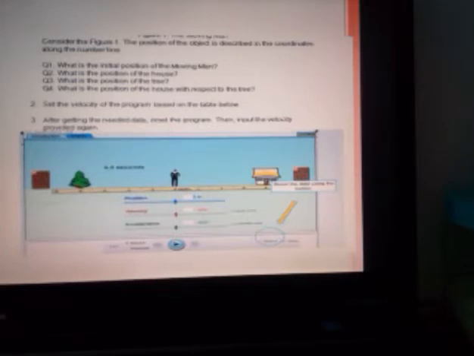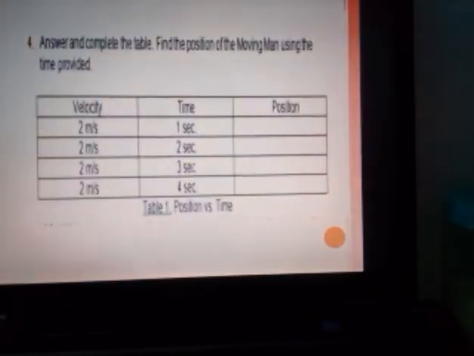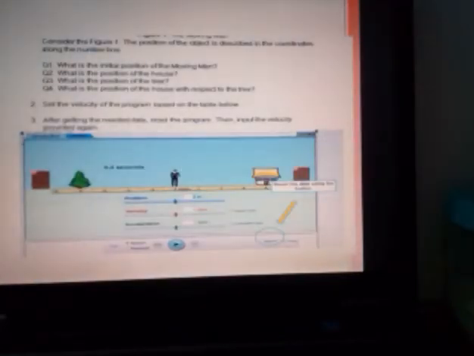Next step is you're going to set the velocity of the program based on the table below. Here is the table. You're going to find the position of the moving man using the time provided. Then, after getting the needed data, reset the program. Then input the velocity provided again. You are required to present your outputs per group.